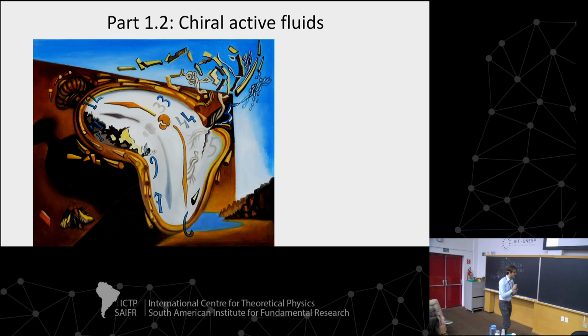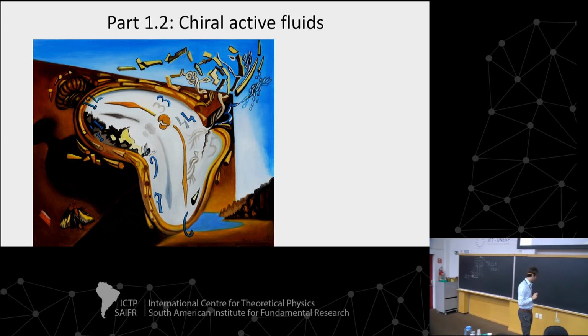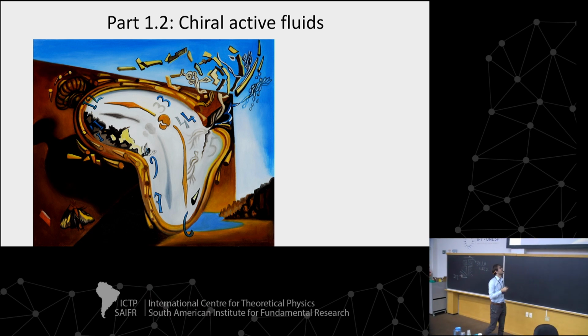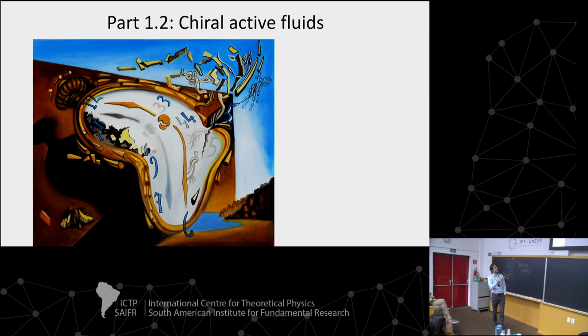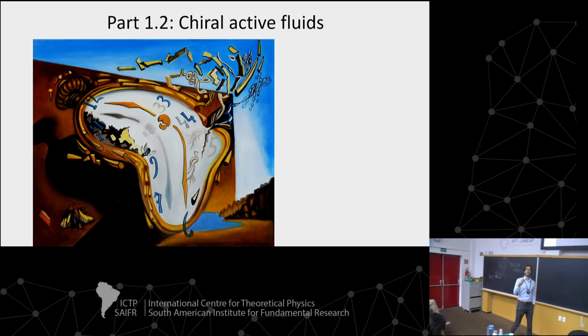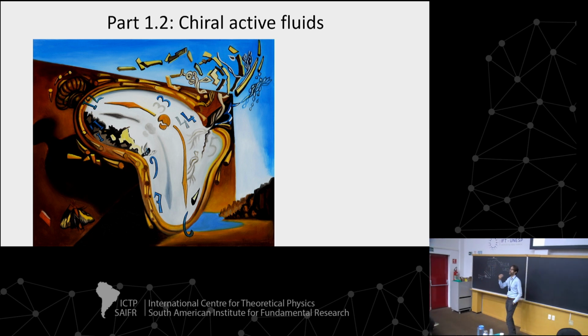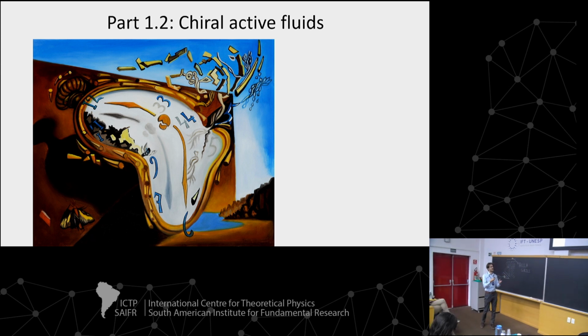Right, so chiral active fluids. Why is it a separate class? One way I like to think about them, through this painting by Salvador Dali, is in terms of the breaking of time reversal symmetry, which is of course common to every type of active matter system. That's something special, but that wasn't a symmetry that we discussed previously.